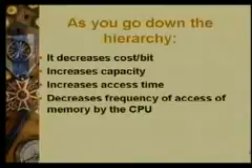But what are the characteristics as we go down the line in the memory hierarchy? As we go down, it decreases cost per bit. It increases the memory capacity. It increases access time; the time to access a bit of information increases. It decreases the frequency of access of memory by the CPU.